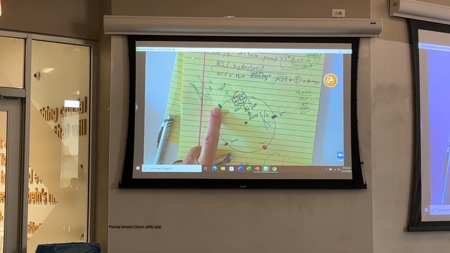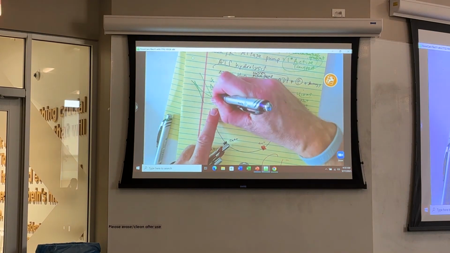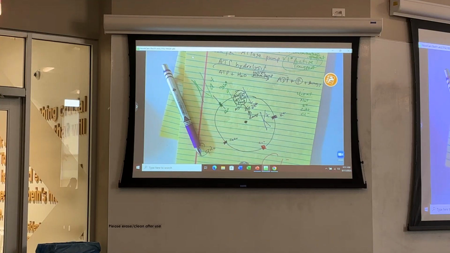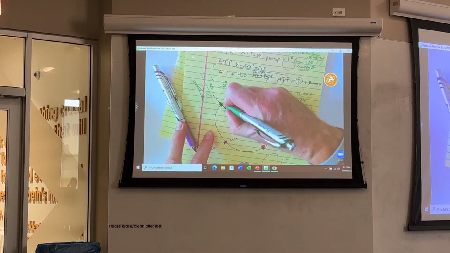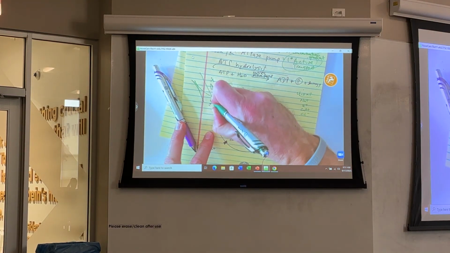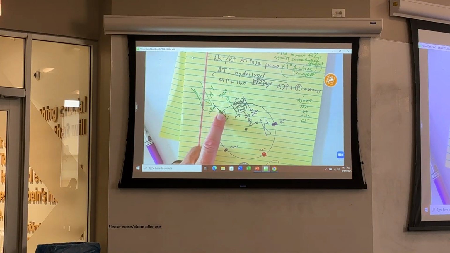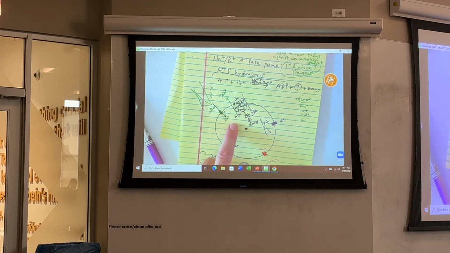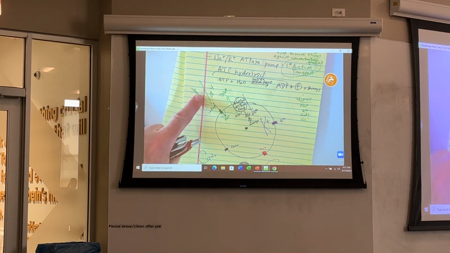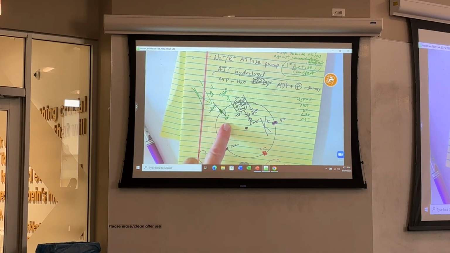Which direction will sodium flow under normal conditions? So we call this sodium influx. Again, the natural tendency for sodium, without energy, sodium will always move down its concentration gradient from high concentration outside the cell to inside the cell.